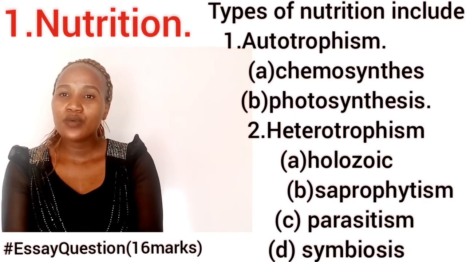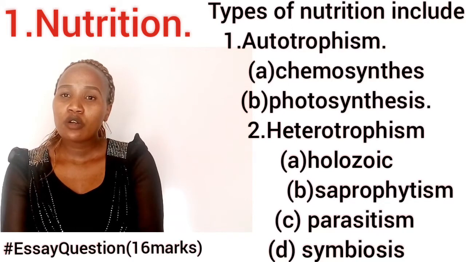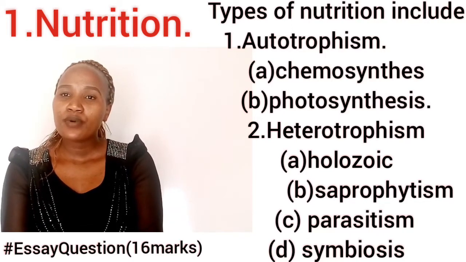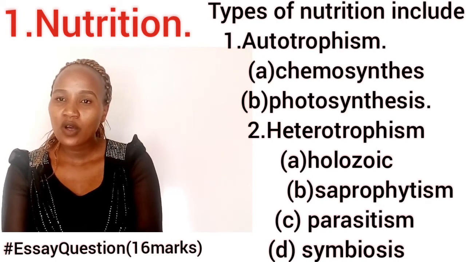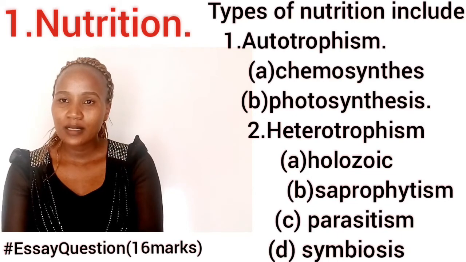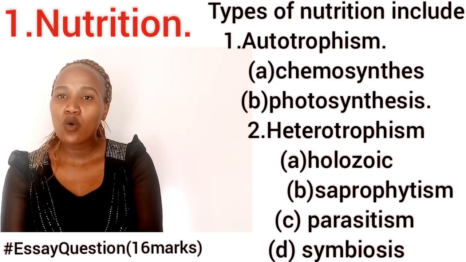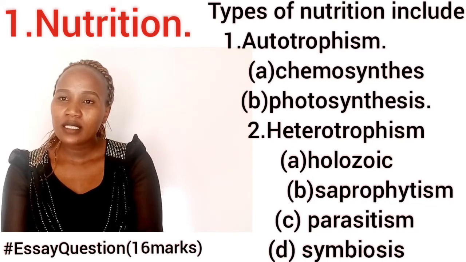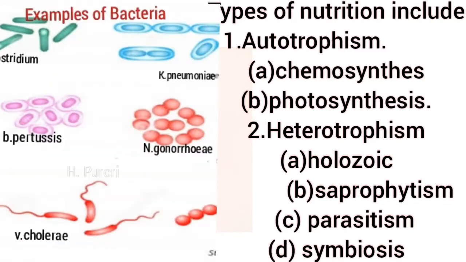So I want to start with the first group, the autotrophs. The autotrophs acquire their food by the process of either chemosynthesis or photosynthesis. These organisms are able to synthesize their own food. In the process of chemosynthesis, the majority of these organisms are bacteria.